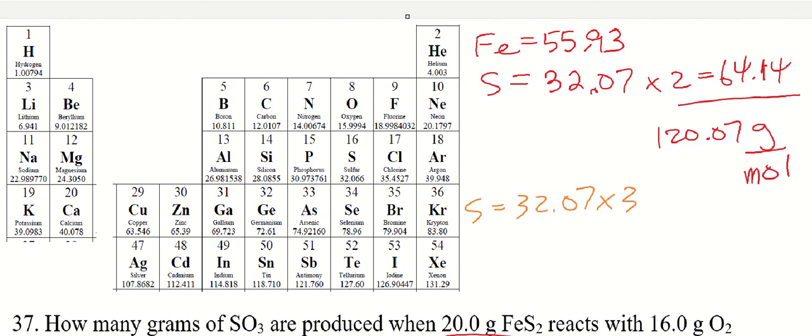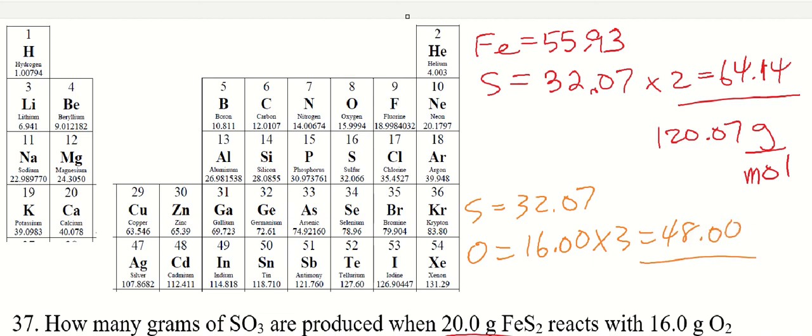Oh, no, it's 1 sulfur. Trioxide means there's 3 oxygens. So oxygen is 16. There's 3 of those. It's 48. All right, let's add them up. Well, that's going to be, oh, I got this one.